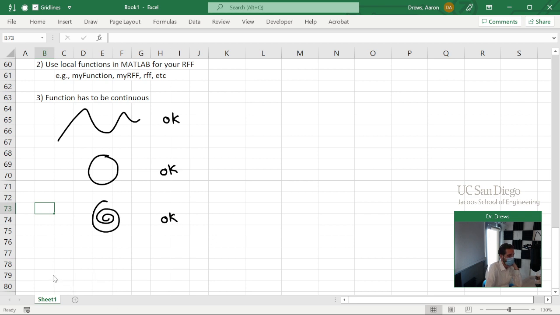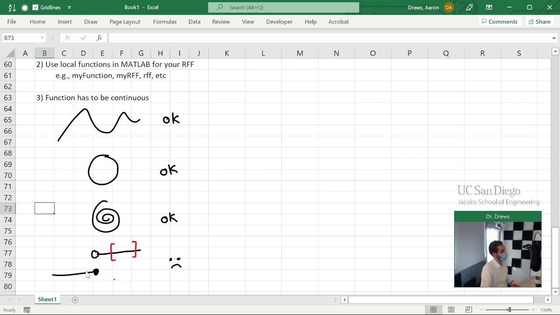The one that it can't do is a function that comes over to here and then jumps up and then keeps going. That one's no good. It can't solve those. The problem with that one is it'll get stuck bouncing back and forth on either side of that discontinuity. There is a way, which we'll see probably on Monday, where if that were the case, you could lock it to this range.